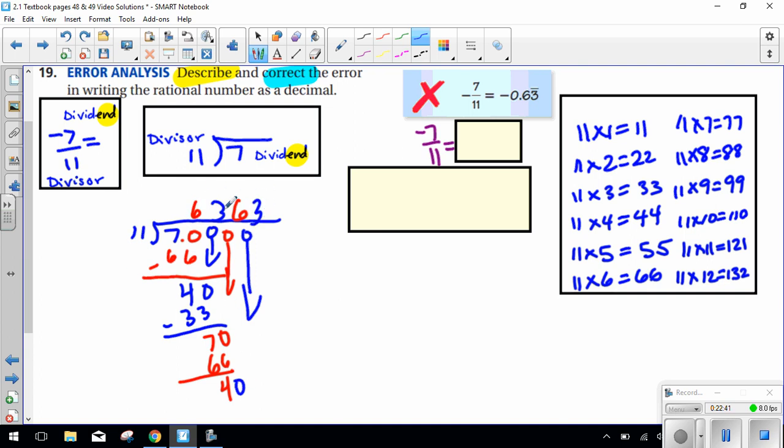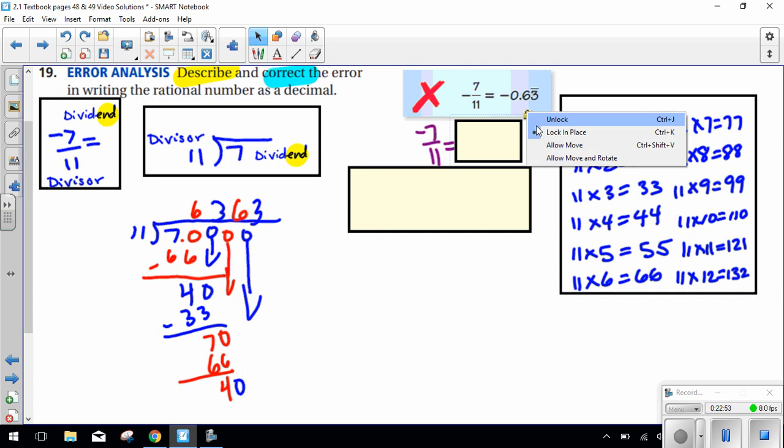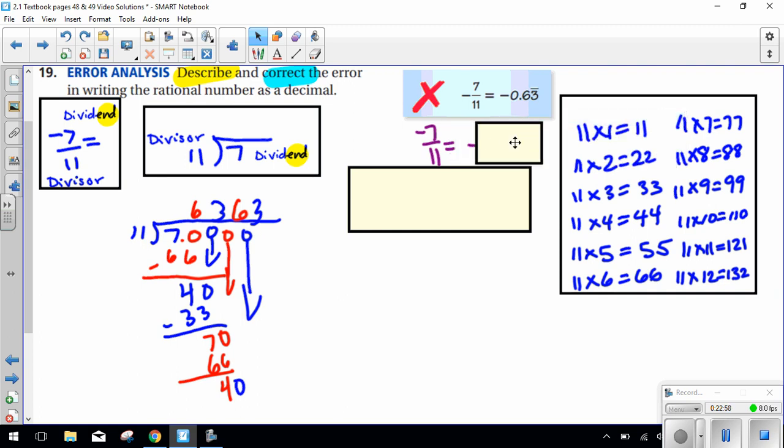So hopefully you can see the pattern up here that the 6 and the 3 are going to continue to repeat. So my solution is going to be negative because there's a negative in the problem. And it's going to be my decimal point and then 63 hundredths with a bar over it.